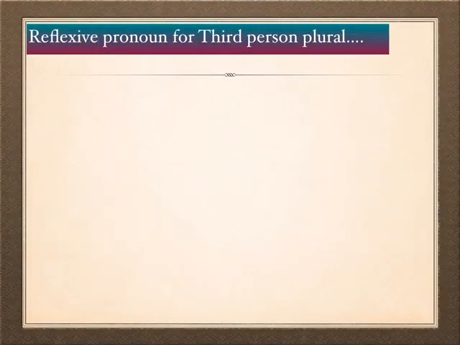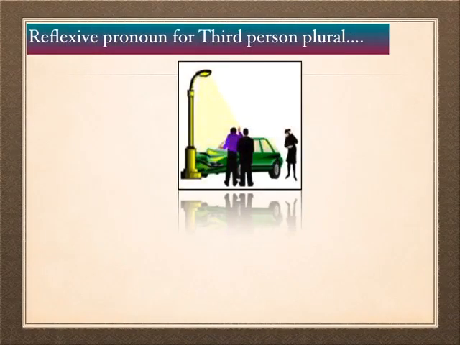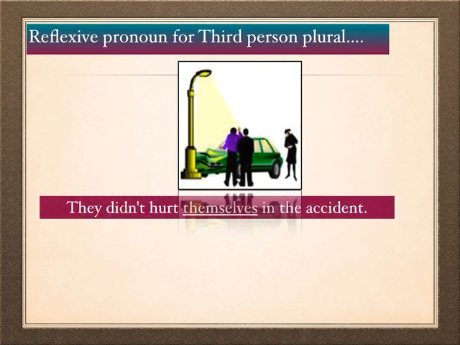Now let's see the reflexive pronoun for third person plural. So here the third person plural would be the people about whom we are talking, and they could be masculine, feminine or neuter gender. Let's see what the image says. They didn't hurt themselves in the accident.